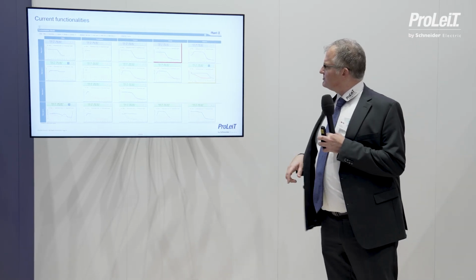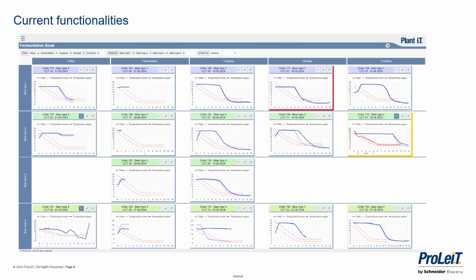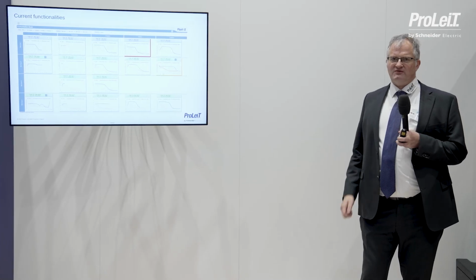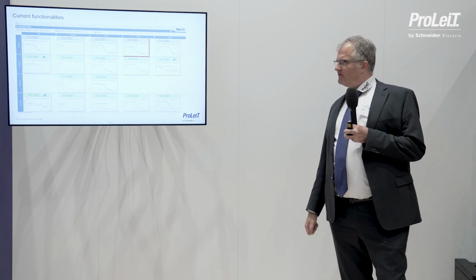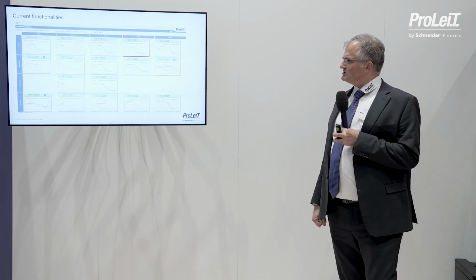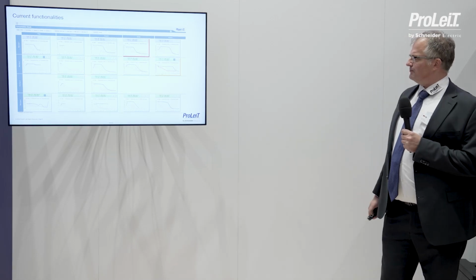The second thing is the yellow ribbon around this fermenter. This means we have an operator request running at the moment. This could be defined so that they have to take a sample to measure the color of the beer, or a taste event, or whatever. This is completely freely parameterizable.